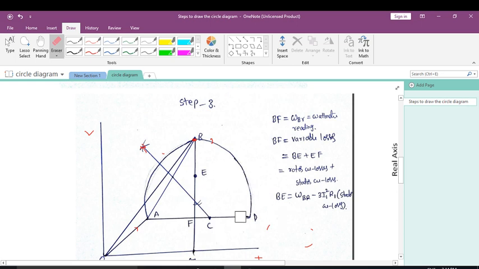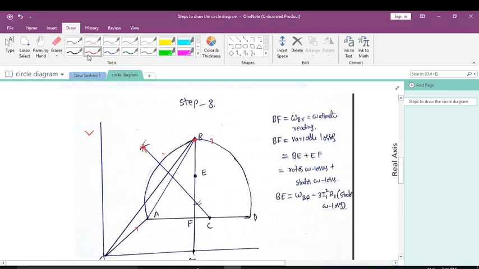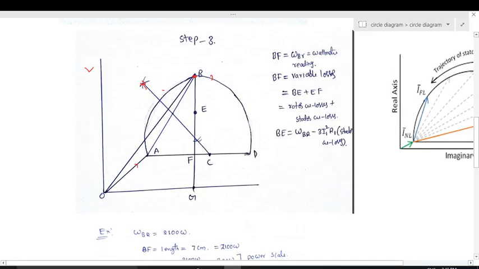So generally E2F gives us stator copper losses, and E2B gives us the rotor copper losses.